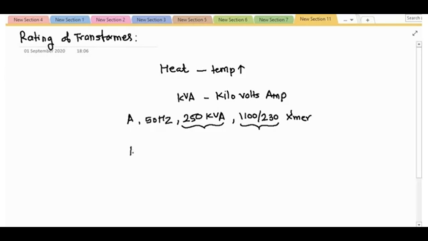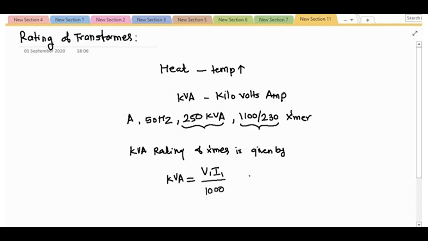So friends, the kVA rating of the transformer is given by kVA equals V1 I1 upon 1000, or it is also equal to V2 I2 upon 1000.